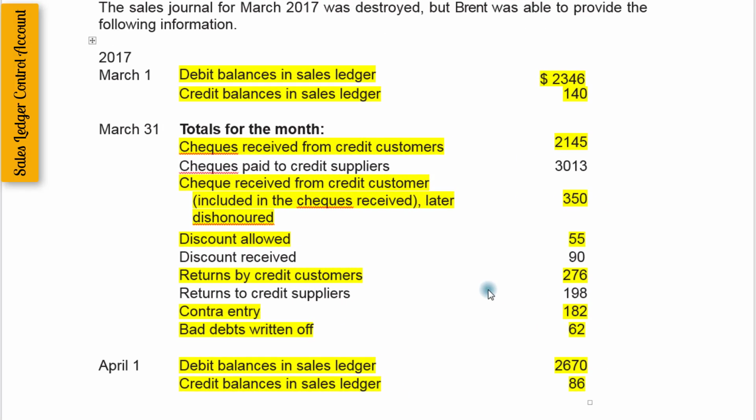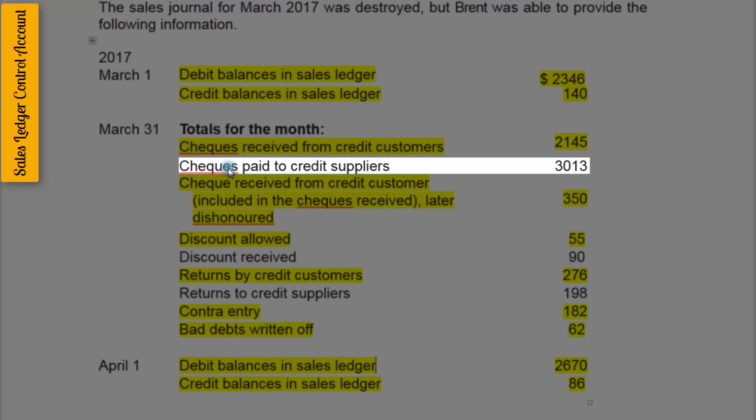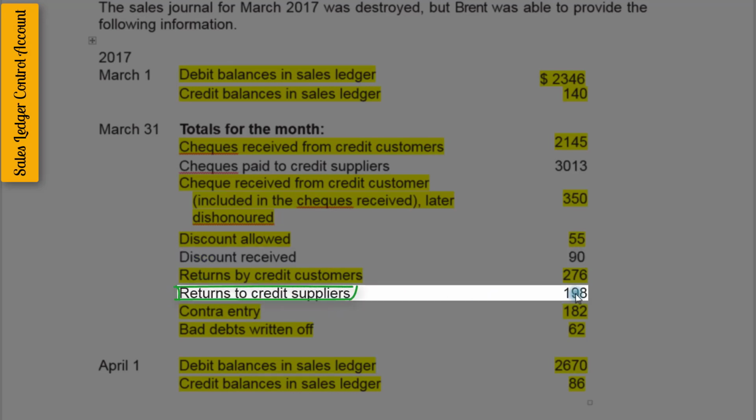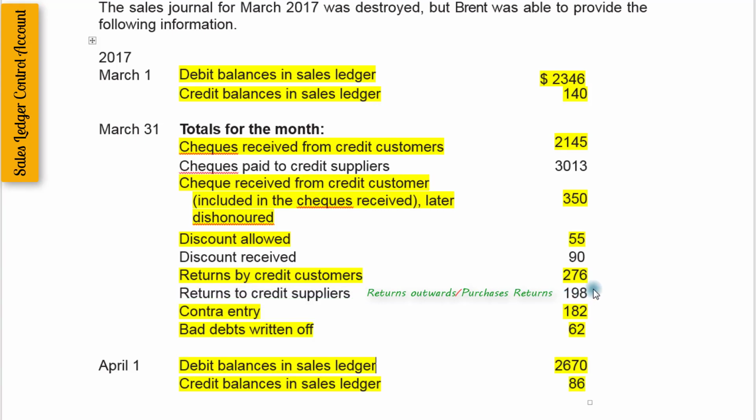I've highlighted all of the items that pertain to the sales ledger control account. As we can see, checks paid to credit suppliers, $3,013, deals with your purchases ledger. Discount received also deals with your purchases ledger, and returns to credit suppliers, which is also called returns outwards, also deals with your purchases ledger.